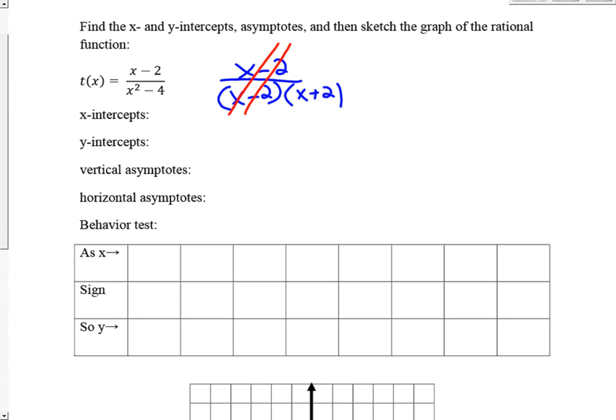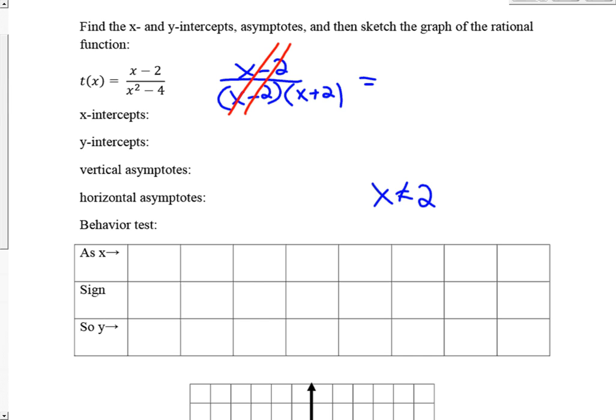Well, we have to consider the fact that positive 2 will also create a 0, because 2 squared minus 4, 2 squared is 4, and 4 minus 4 is 0. Okay, but in this case, it doesn't create a vertical asymptote because the factor got completely wiped out. But we do have to consider that in our graph, we know that x cannot equal 2, which we will look at when we start to graph. Okay, we cannot have x equal positive 2.